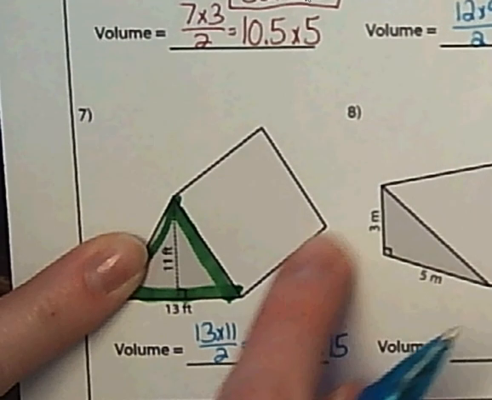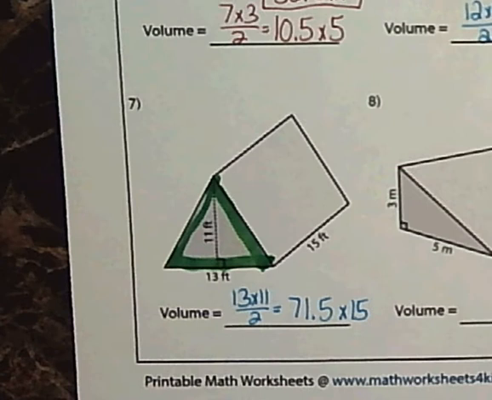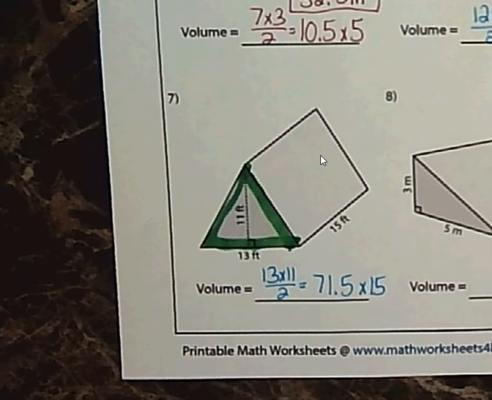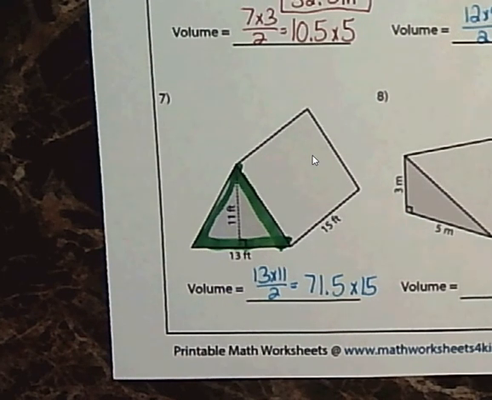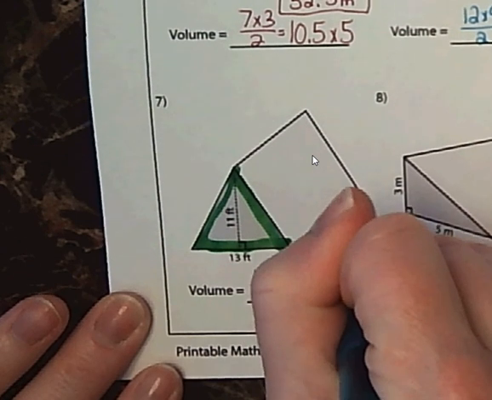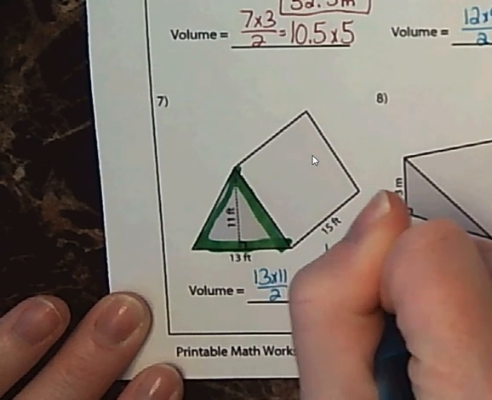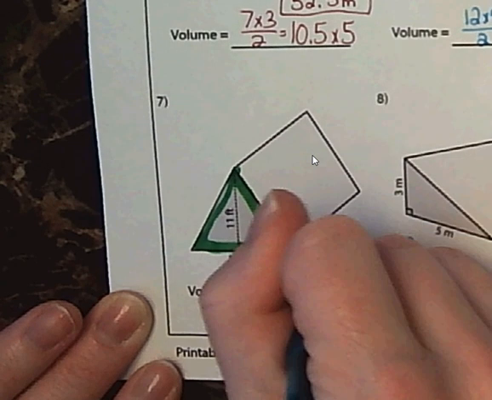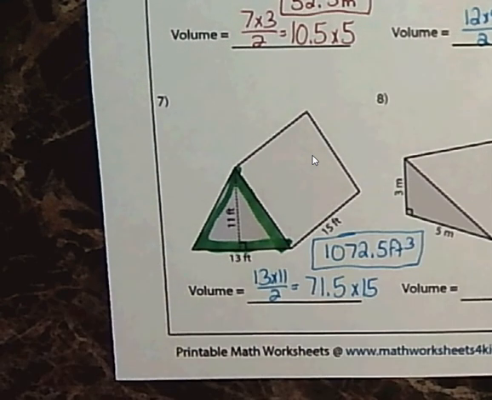So the height would be here. Let me zoom that out so it's not so blurry. So 71.5 times 15 would be 1,072.5 feet cubed. It's a big triangle.